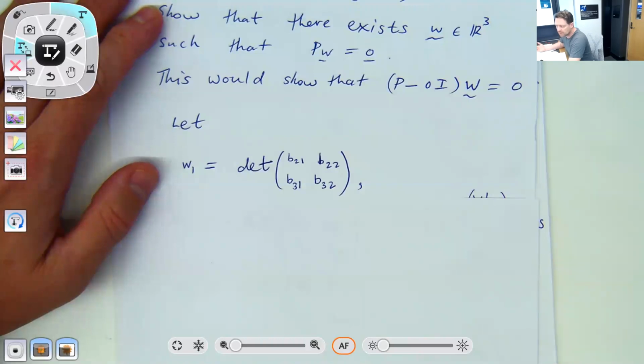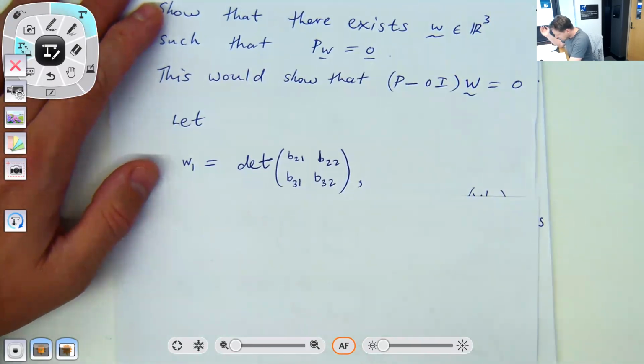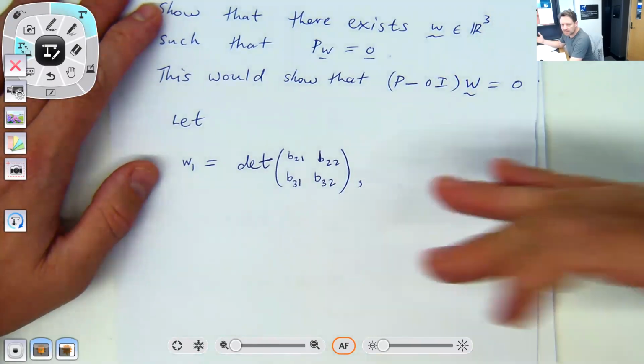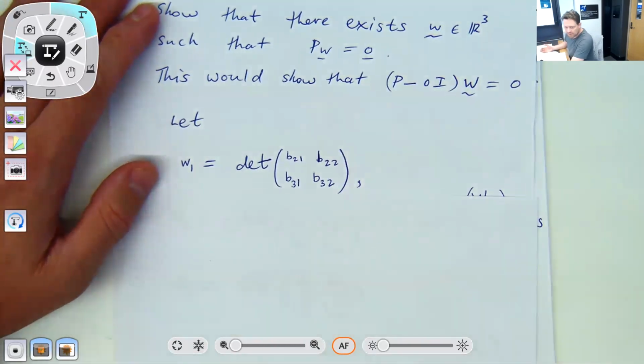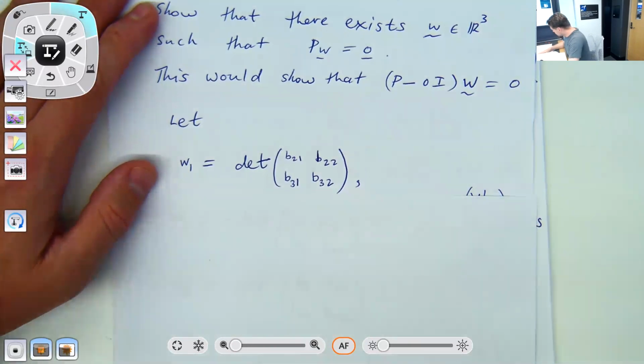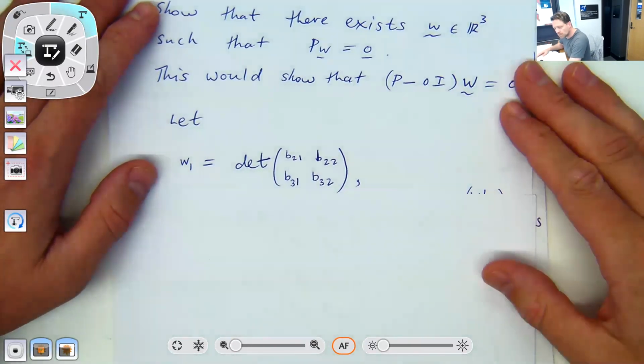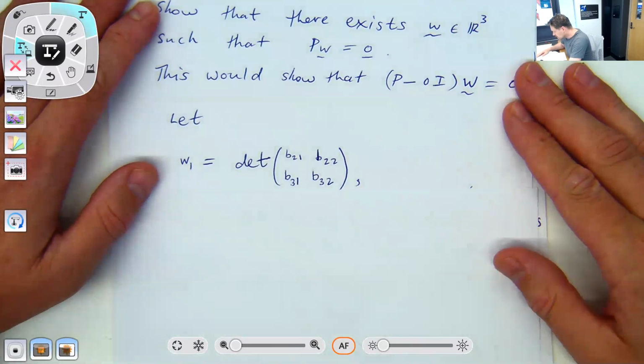But there's another way to argue this, so don't worry, because this is quite ad hoc. You don't know how I would possibly come up with this. In fact, I did some symbolic calculations to realize this. Then I'll show you some other points that you could have thought of as well.